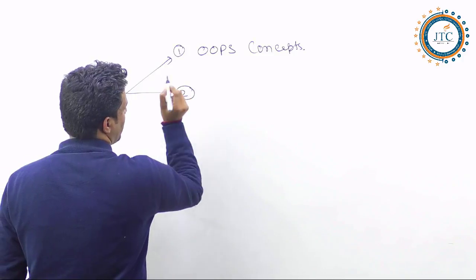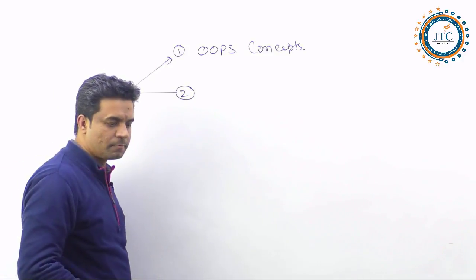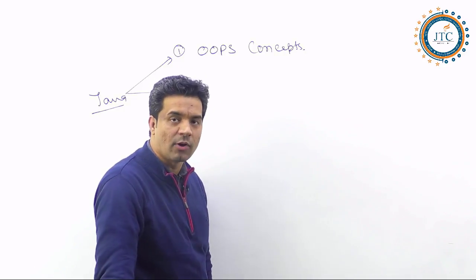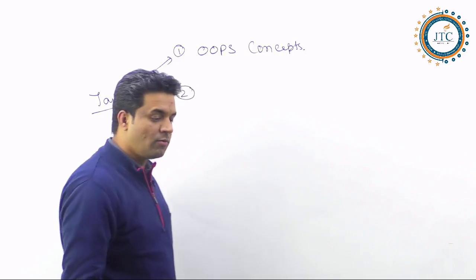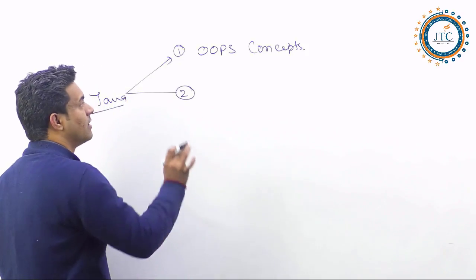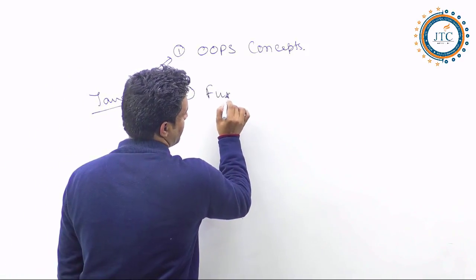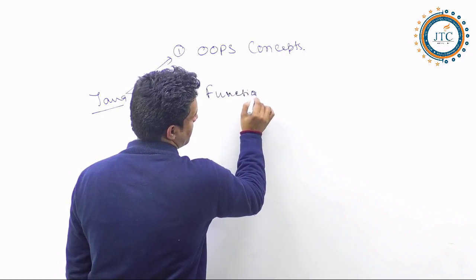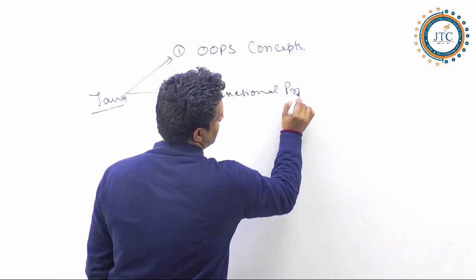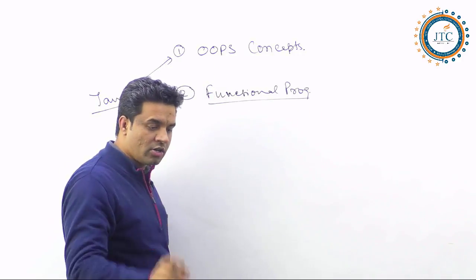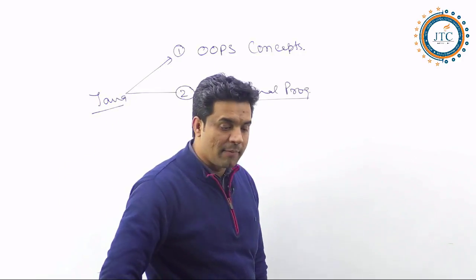The second important thing, can you tell me in the comment box what else it is following? The second one is functional programming. Java is also a sort of functional programming language.